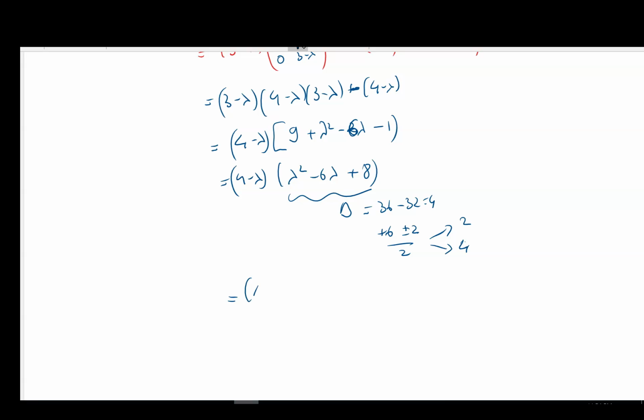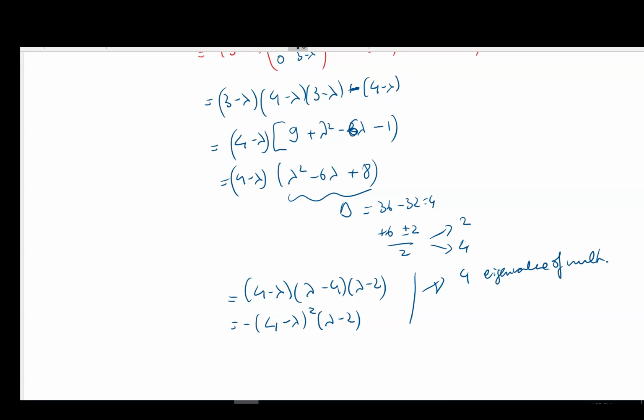All right, so that's (4 minus lambda) times (lambda minus 4) times (lambda minus 2), which I can write as minus (lambda minus 4) squared times (lambda minus 2). So as we said earlier, we've got eigenvalue 4 of multiplicity 2 and eigenvalue 2 of multiplicity 1.